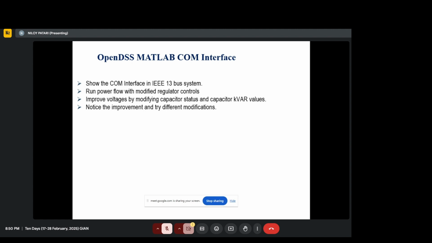These set points are supposed to mitigate your voltage issues, right? So we'll see how the OpenDSS and MATLAB interface works. I'll give you a hands-on example in the IEEE 13 bus system, so it will be easier for you to understand.